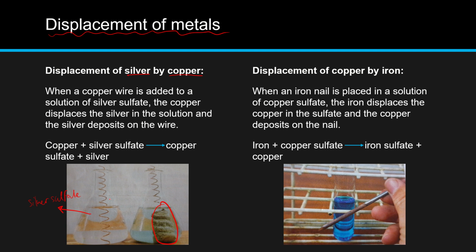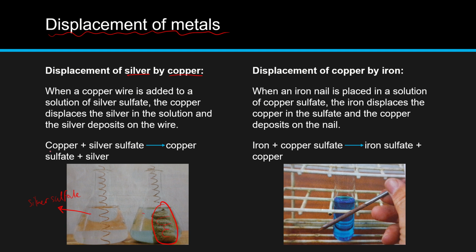This is because in the reactivity series, copper is more reactive when compared to silver. So the silver deposits on top of the copper while the copper goes into the solution. So the solution turns into copper sulfate and silver accumulates on top.